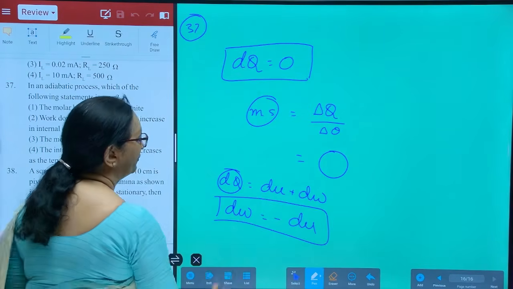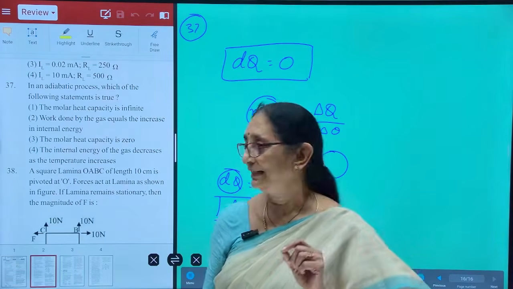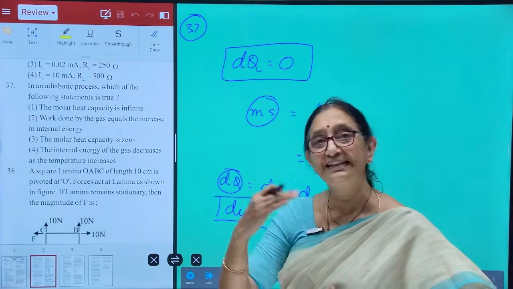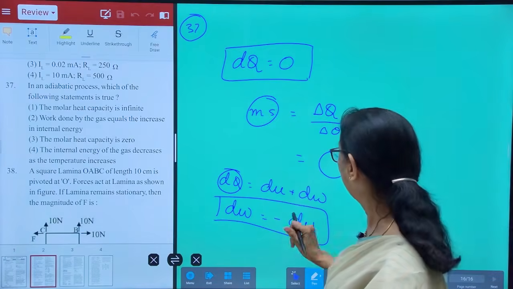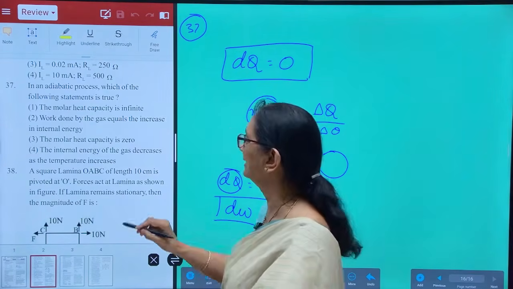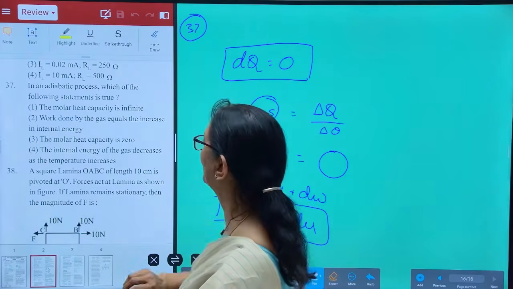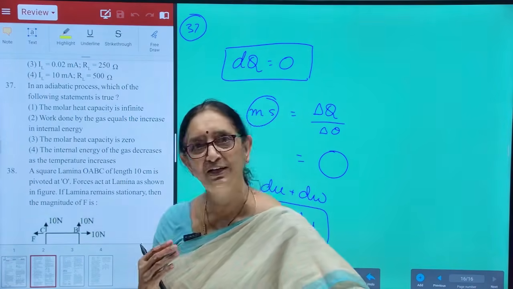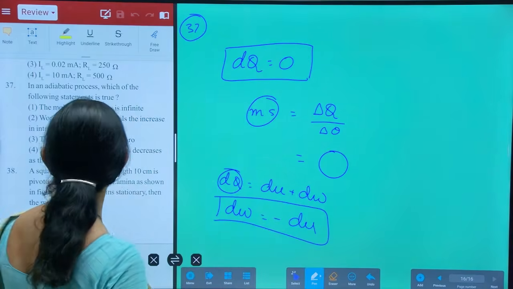Here du is negative, so work done is equal to the decrease in internal energy. But in the second option, work done by the gas is equal to the increase in internal energy. It is wrong.